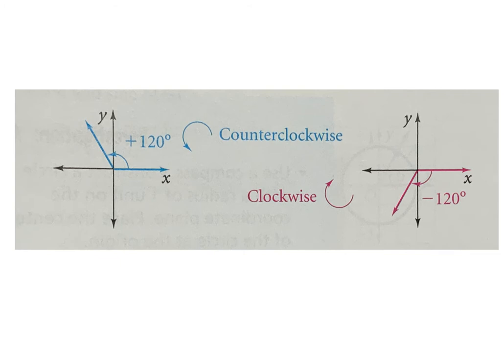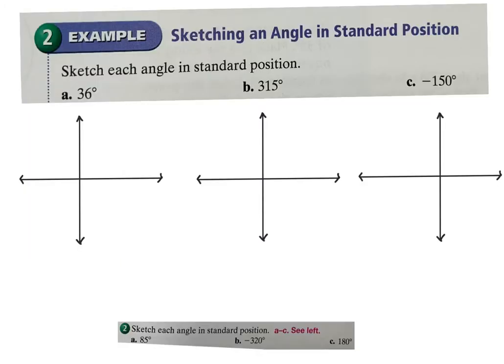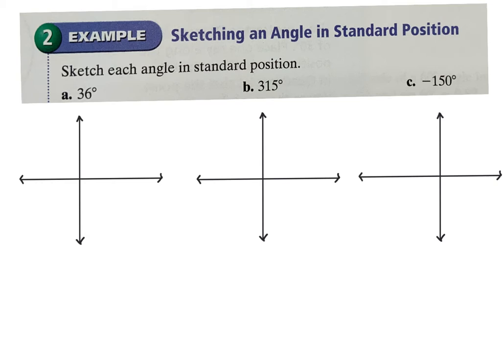So let's look at sketching angles. Sketch an angle in standard position. Okay, so here's the deal. When you're sketching, it doesn't mean that you need to get a measuring tool out and do something. You are simply sketching it. So 36 degrees, you want to figure out what quadrant of the coordinate plane it would be in. If I know specifics, this is 0 degrees.